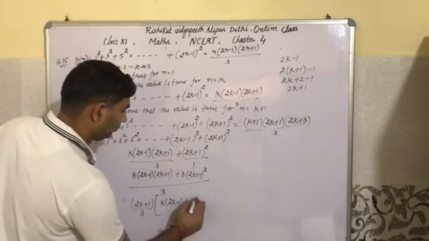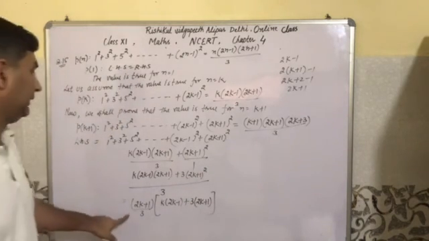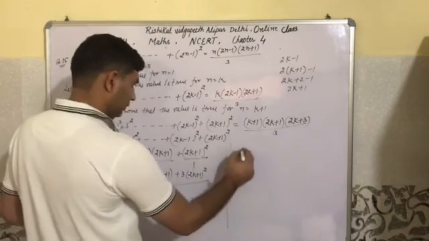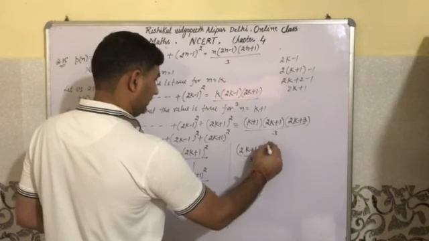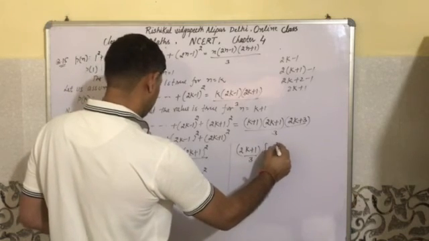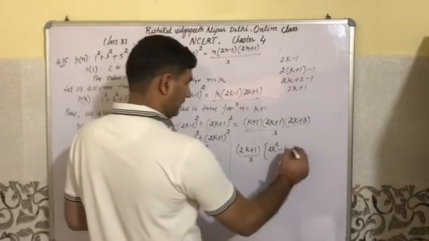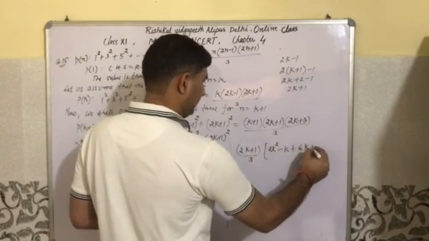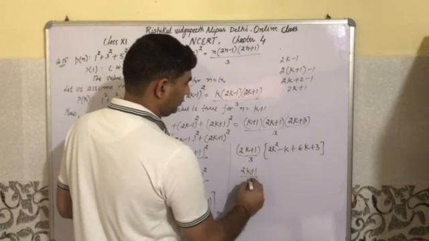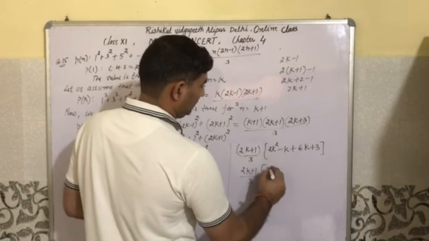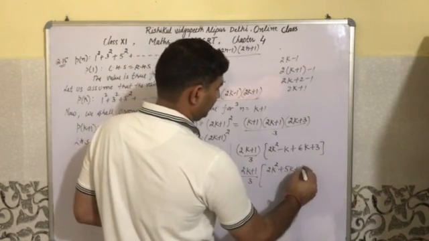Then 3 into 2k plus 1, and then 2k plus 1 over 3, and then this 2k square minus k, 2k square minus k plus 6k plus 3, and then 2k plus 1 by 3, this 2k square plus 5k plus 3.